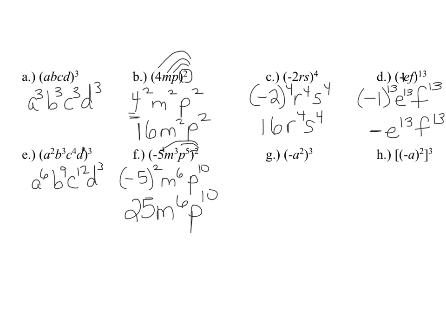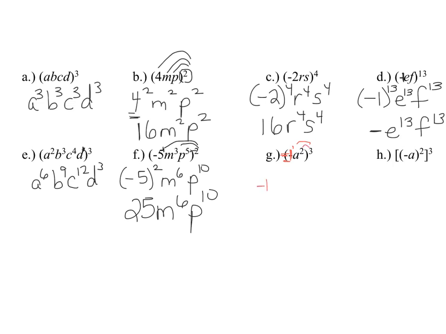All right, now let's look at G and H, because they're kind of tricky. So this one, I want you to remember that that negative sign is actually a negative 1. So I'm going to just go ahead and put a negative 1 right there. Now I'm going to put a little 1 here. Then you bring the 3 in, and so you're taking 2 things to the 3rd power.